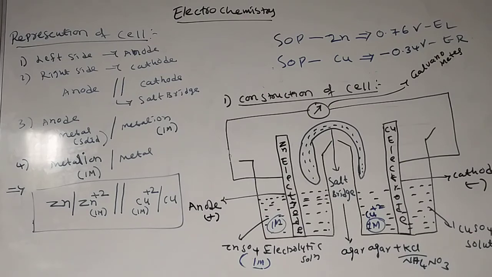One is construction of the Daniell cell, second is the reactions of the Daniell cell, third is calculation of EMF of the Daniell cell, and fourth is representation of the cell. This is the first of the important topics in electrochemistry. Next in continuation we will see some more electrodes.